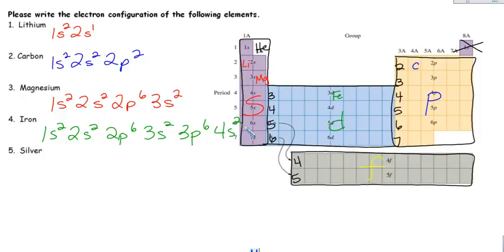And now the periodic table will tell me that the D's start in the 3rd energy level. This is the 3d, and iron is 1, 2, 3, 4, 5, 6. It's kind of squashed in there, but I think you can tell. It should end 4s2, 3d6.